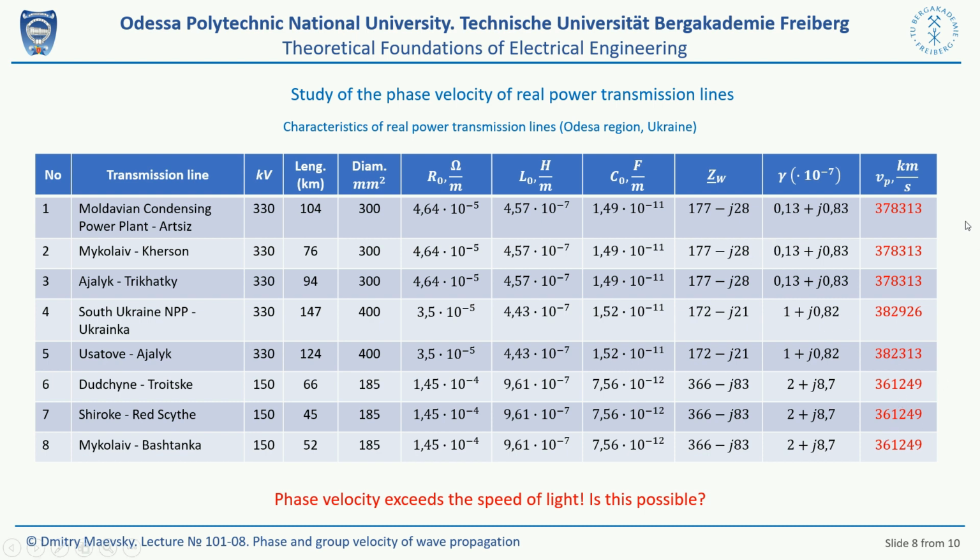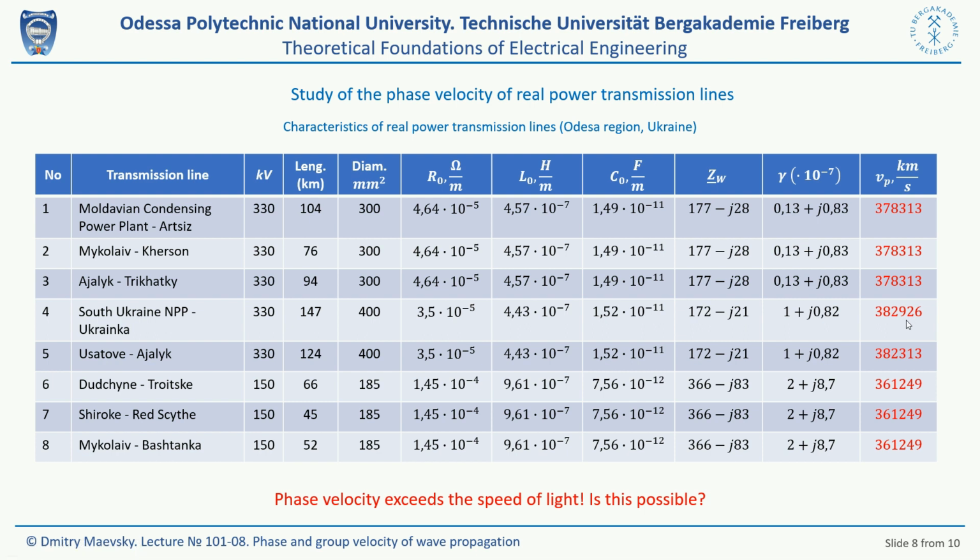Note the phase velocity values, which are given in kilometers per second. For all lines, the phase velocity exceeds the speed of light, which is known to be 300,000 kilometers per second.